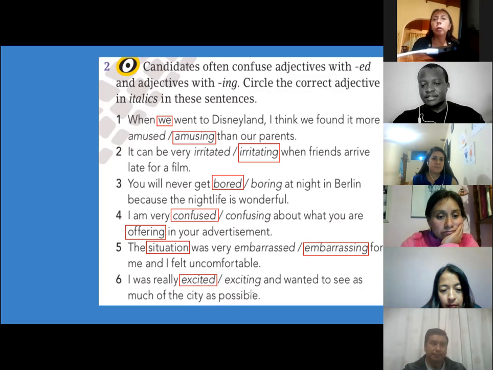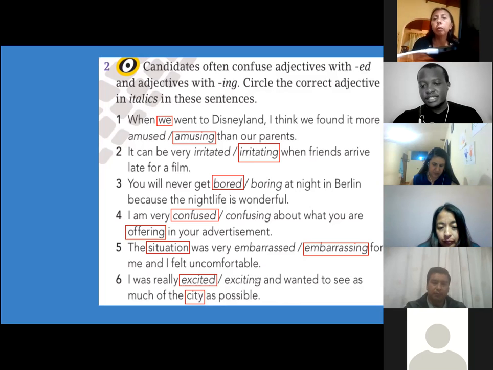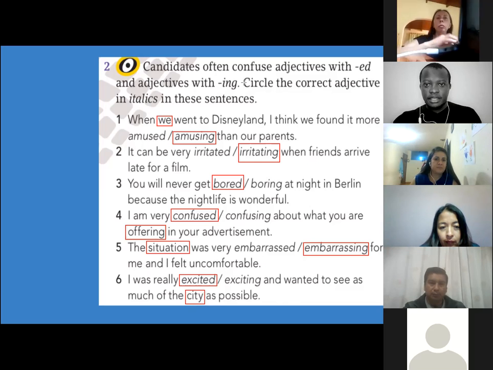The feeling about what? About the city, the place. The feeling about the place, in this context, the city. Okay, is that clear, guys? Yes.